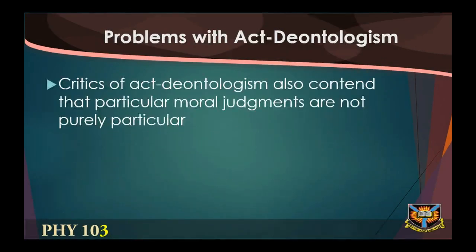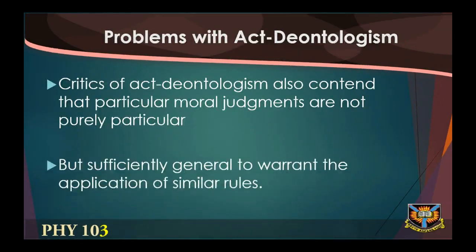Critics of Act-Deontologism also contend that particular moral judgments are not purely particular but sufficiently general to warrant the application of similar rules. Going by the position of Act-Deontologists, they claim that saying this is what X ought to do in situation Y does not entail what X or anyone else should do in similar situations.